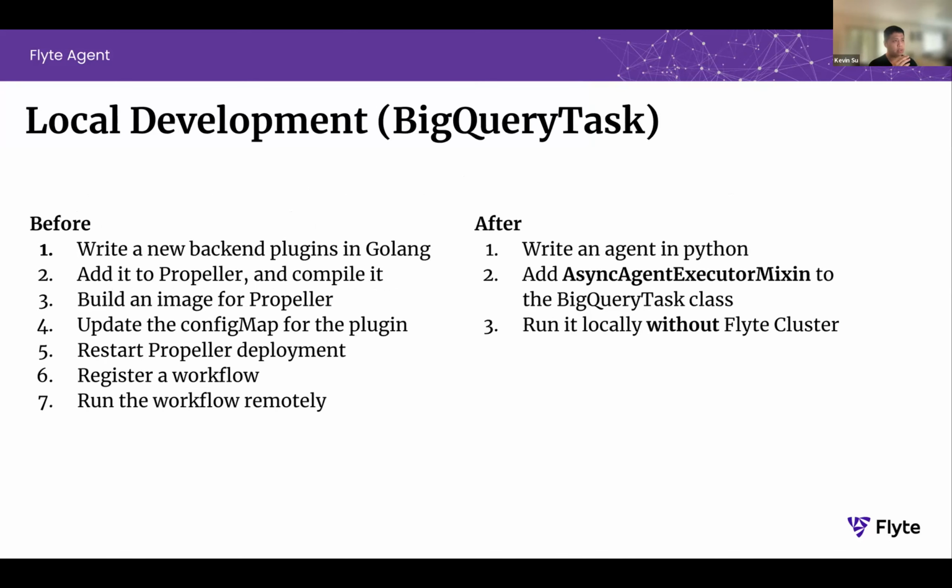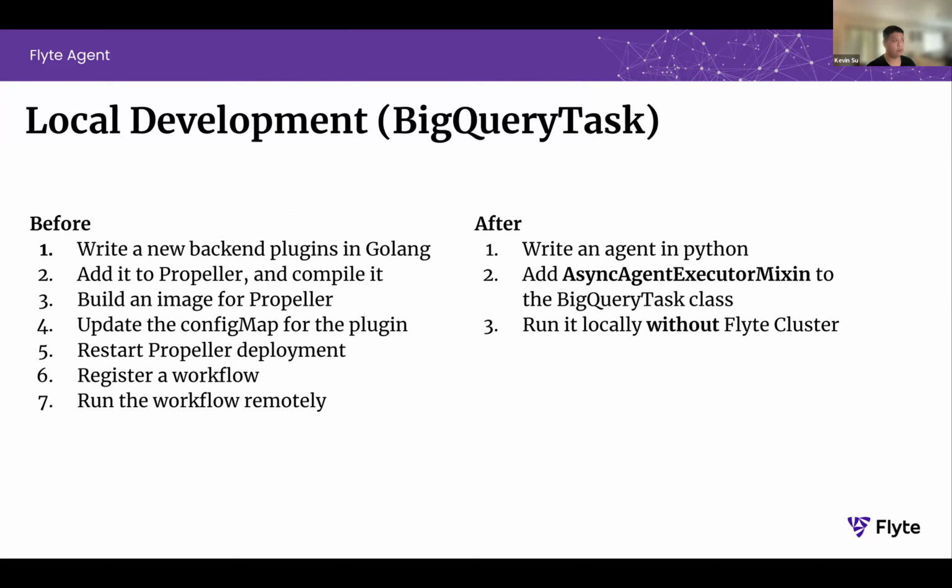Here we take the BigQuery task as an example. Without an agent, you have to write a backend plugin in the Flyte plugin repo. It's written in Golang, and then you have to update the dependency in propeller and recompile it. You have to figure out how to update a dependency in a different repo. Then it takes a long time to build an image for propeller.